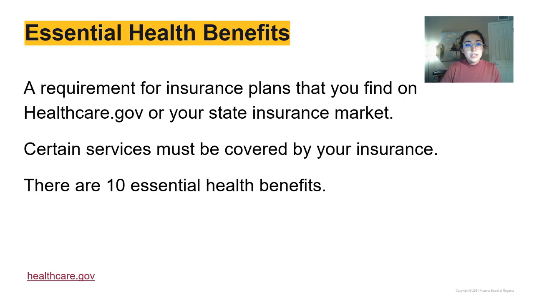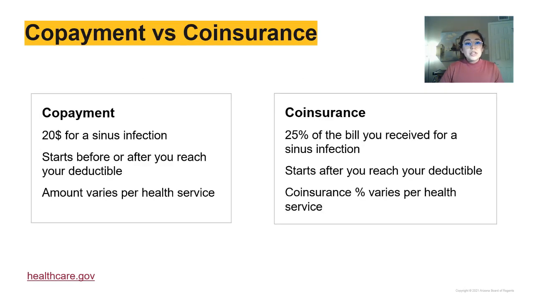And so briefly, a co-payment versus co-insurance. Co-payment is a set dollar amount for a visit, like to urgent care. Certain types of prescriptions are a set amount, and the set amount can vary per health service. So again, urgent care versus, say, an emergency room visit.